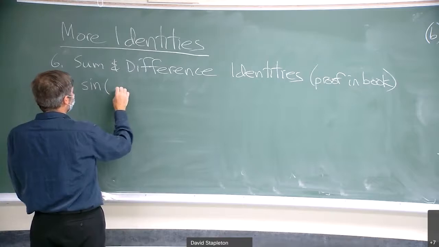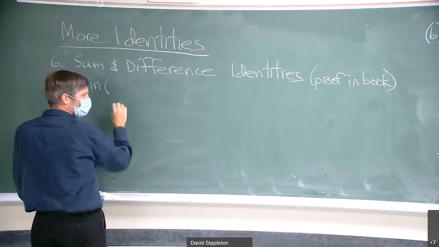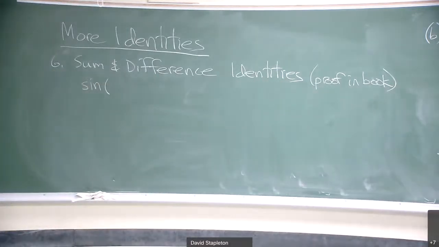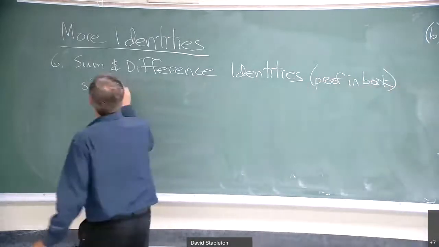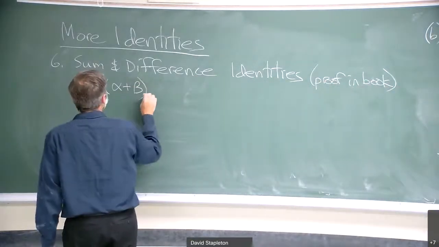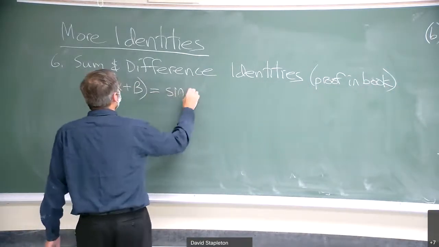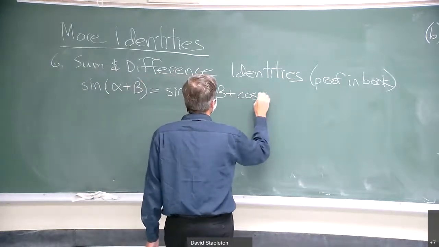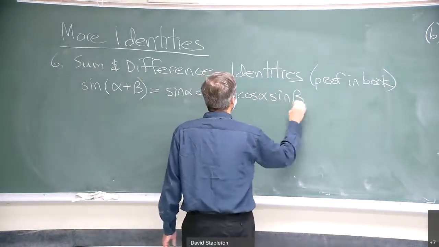Sine of the sum of two angles. Write X and, I can't remember if these X and Y are alpha and beta now. We'll use the same letters. These alpha and beta, yeah. The sine of alpha plus beta is the sine of alpha, the cosine of beta, plus cosine of alpha, sine of beta.